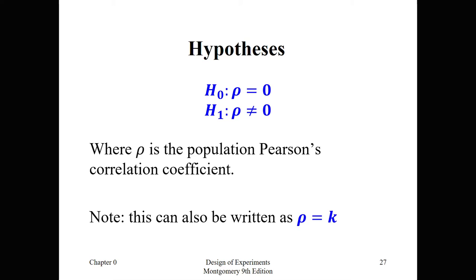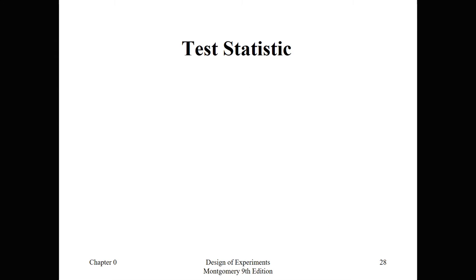However, if I could turn around and say I have evidence that the relationship is stronger than 0.3, the minimum amount you care about, then that might be much more meaningful to know or test against. So you can rewrite this statistic as rho equal to k and test that instead.